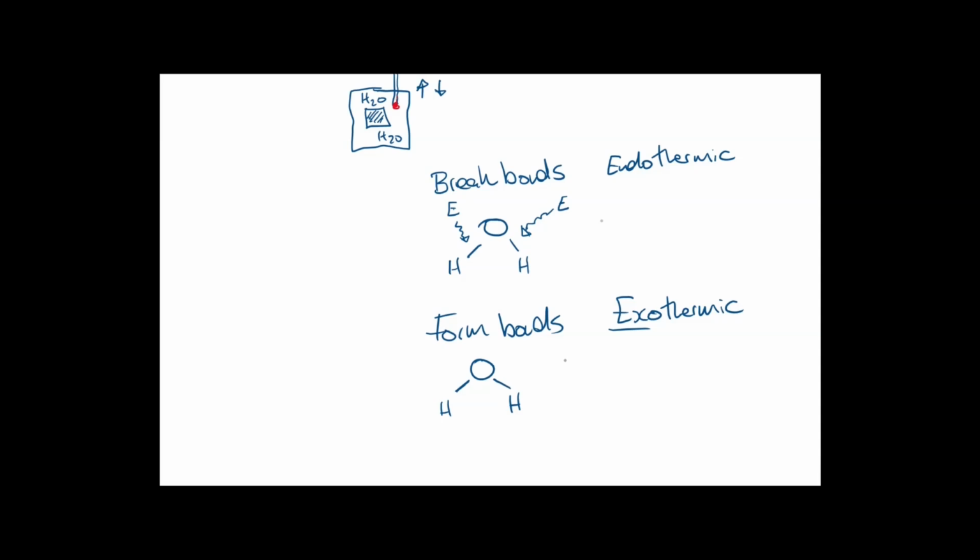So that excess energy has to go somewhere, so it has to leave that molecule. And the good thing for us is that essentially, as far as we're concerned, this number here and this number here are the same, but one is going to be positive and one is going to be negative. It's not quite that way in real life, but that's what we're going to presume in our little example.